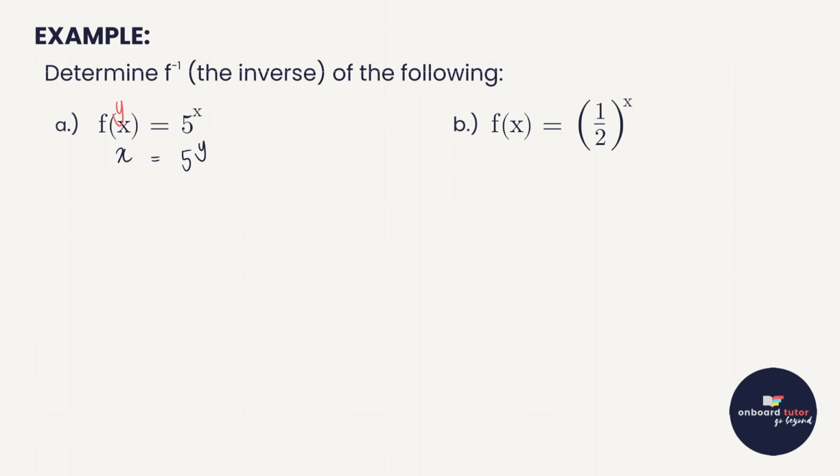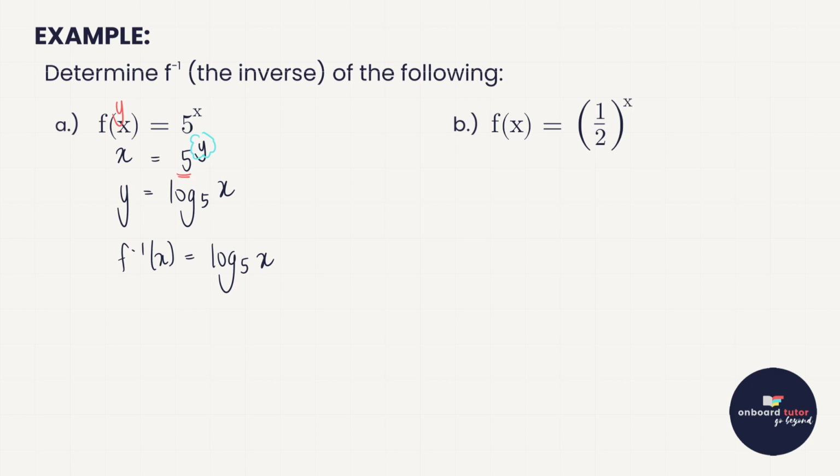And then I need y to become the subject, and so I'm going to use logs. Y is equal to, now the base here is going to be the base of my log, so log base 5 of x. So what is the inverse of f of x equals 5 to the x? It is f to the minus 1 of x is equal to log base 5 of x.